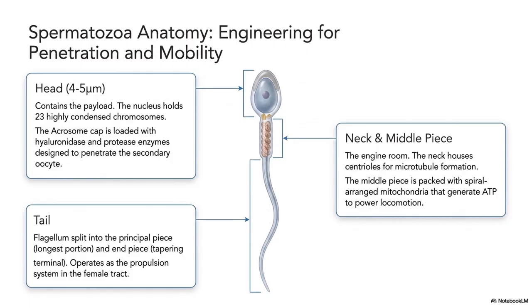Now the middle piece contains mitochondria which are arranged in a spiral fashion, and provide the energy for locomotion of sperm to the site of fertilization and for sperm metabolism. The principal piece is the longest portion of the tail, and the end piece is the terminal tapering portion of the tail.